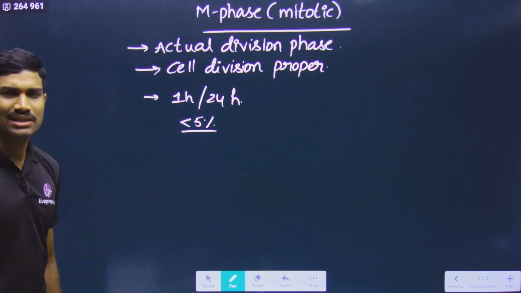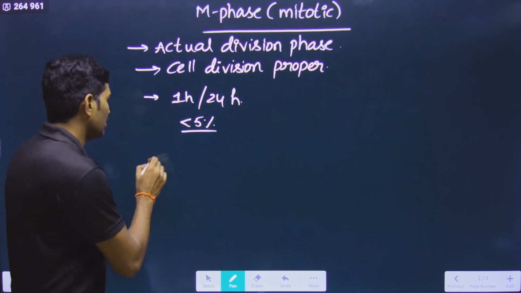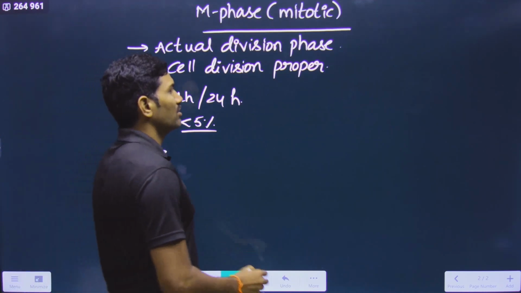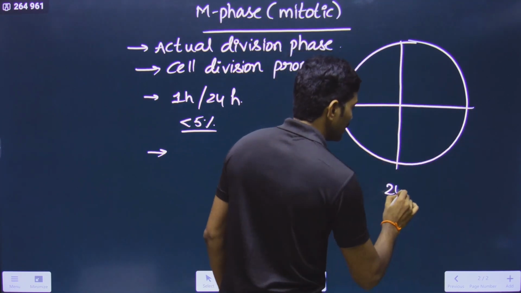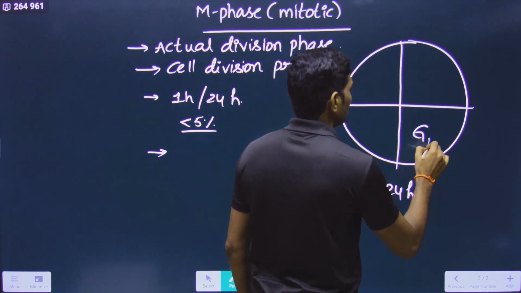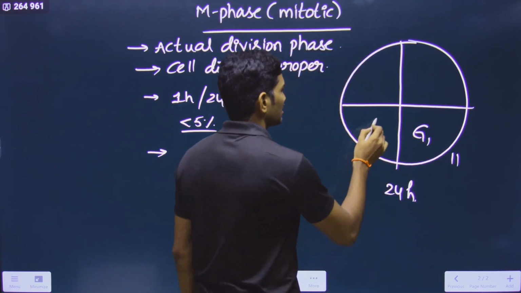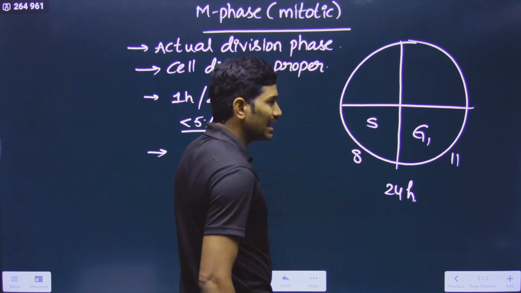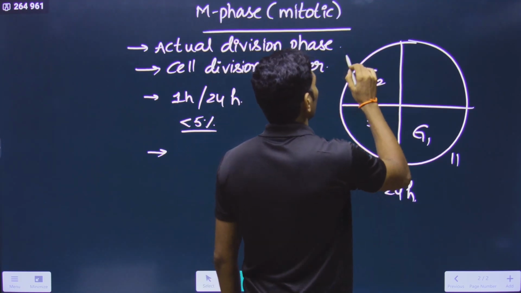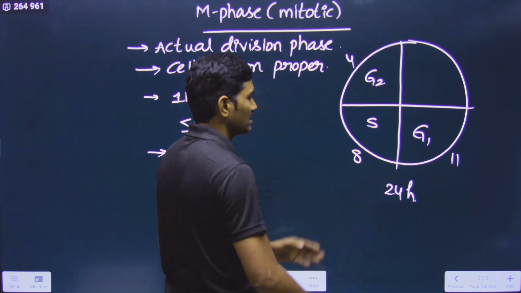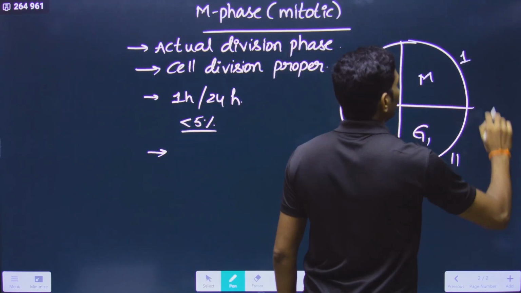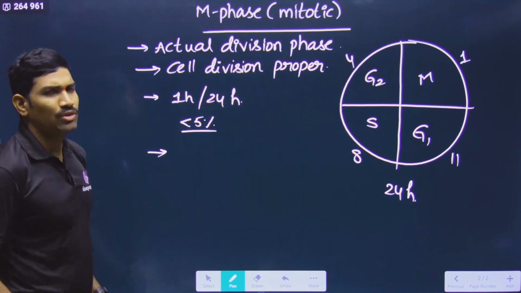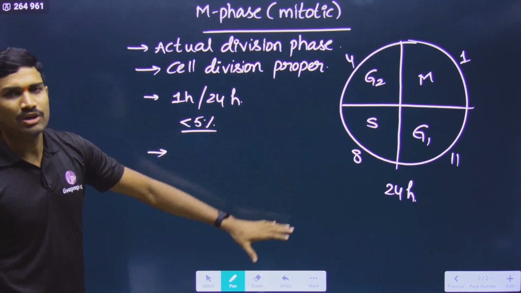That means it gets completed quickly. Out of the total 24 hours, G1 takes approximately 11 hours, S takes approximately 8 hours, and G2 takes approximately 4 hours. 11 plus 8 is 19, plus 4 is 23. And the M phase takes approximately 1 hour. These are the approximate durations of these phases.